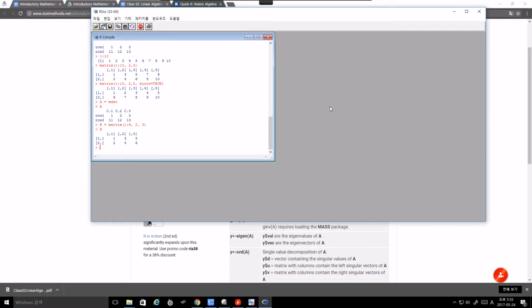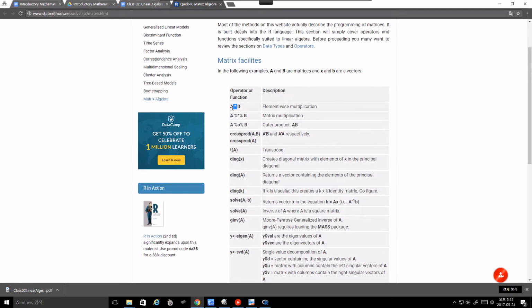Yes, B. Okay. Now, if I do A multiplied by B, then it is element by element multiplication: 1, 1, 1, 2, 3, 6, 3, 5, 15, something like this. So, A multiplied by B is element-wise multiplication.